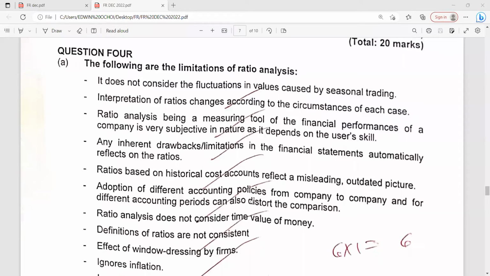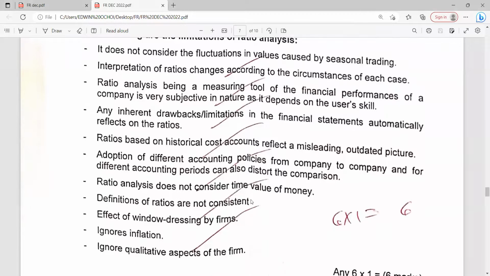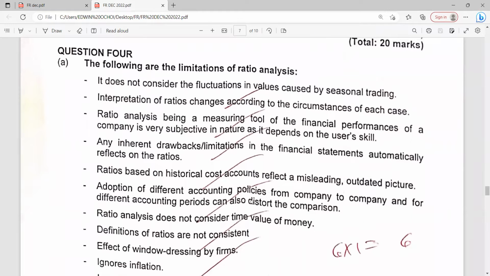So there are many, besides the ones we mentioned yesterday: ignoring inflation, ignoring the qualitative aspect. Ratios do not consider the time value of money, being based on historical costs. It does not consider fluctuations in values caused by seasonal trading.